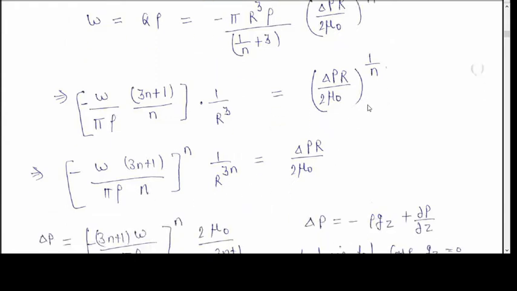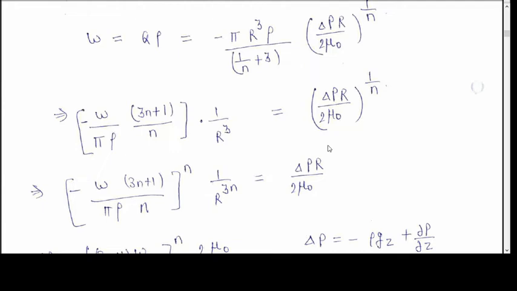Now we again remove this exponent by raising to the nth power. In that case you will get power n here, so it will become 1 by R to the power 3n, and this exponent would become 1.